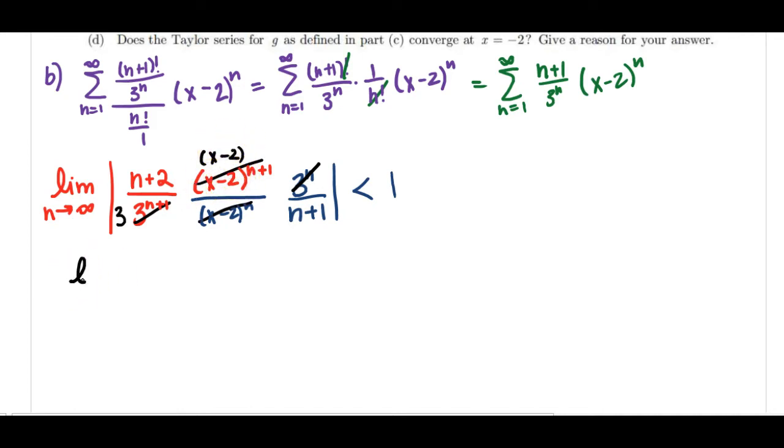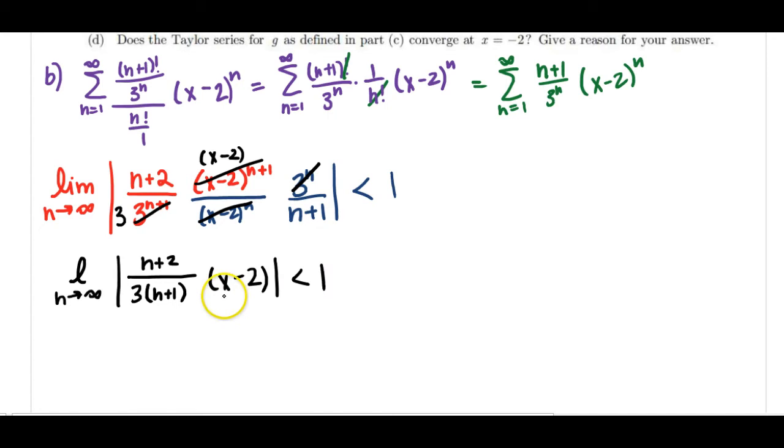So now let's do a little more simplifying. On the top I have n plus 2. I'm going to put this n plus 1 over here, so I have 3 times (n plus 1). And then I have the (x minus 2) to the 1 left. So all that is less than 1.